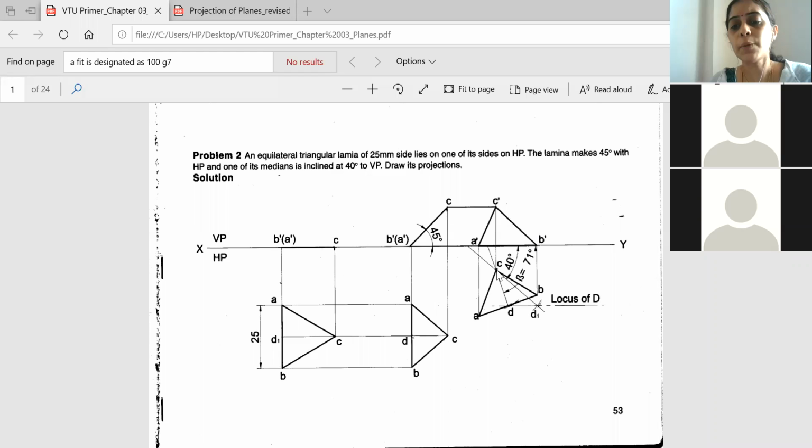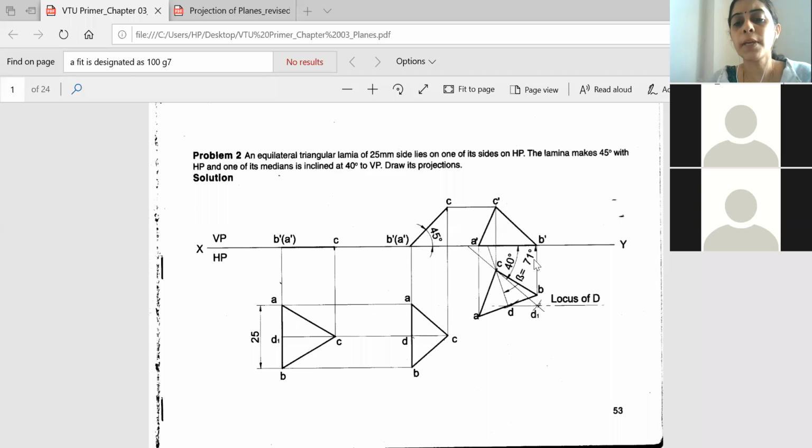After taking the projection above from each corner A, C, B, you will extend the projection here from the locus of C dash, locus of B dash and A dash. So you should now read the locus. Locus of A is meeting the locus of A dash at a particular point.